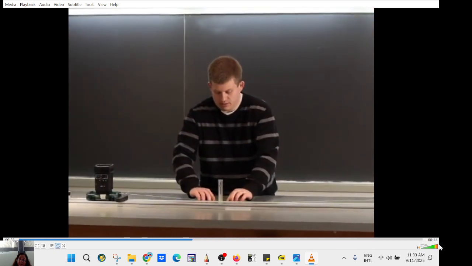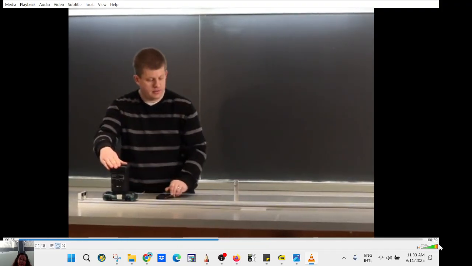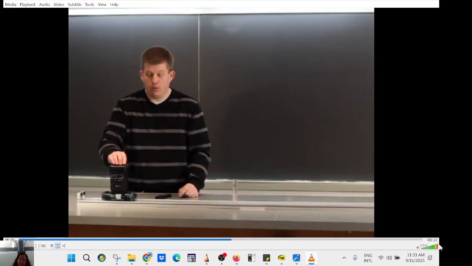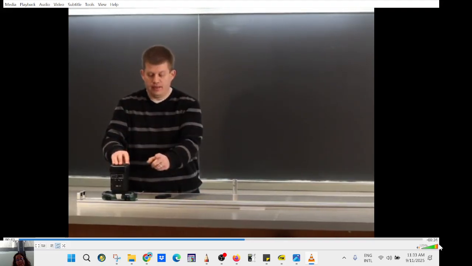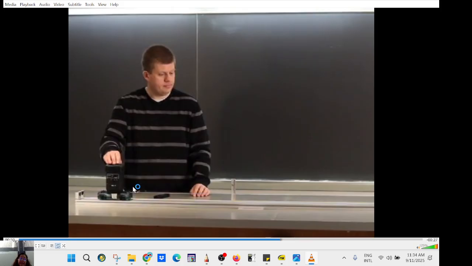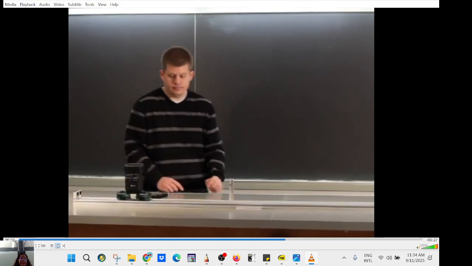Now, the question is, when I release the cart, and the ball is launched at the trigger, where will the ball land? What do you think? Behind, right? Very good.